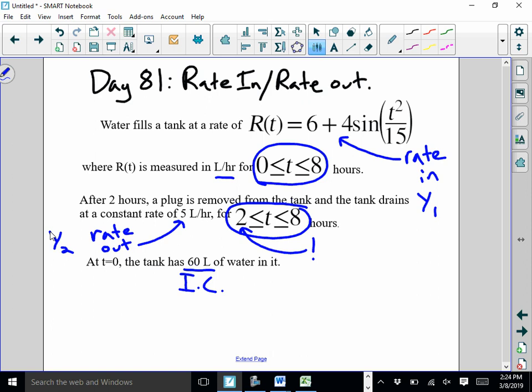I want you to get used to reading these to know when that initial condition is going to matter and when it won't. But we want to note it in there. Even if we don't use it in part A, we might need it in part C or D, and we want to have it labeled so we can find it quickly. Because this whole thing is on a clock, so we want to be as fast and efficient as possible.